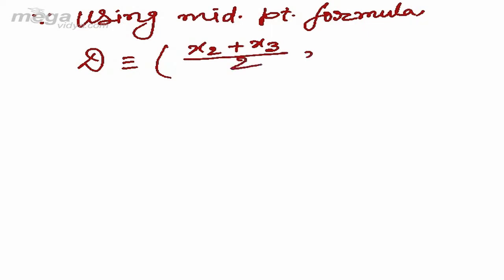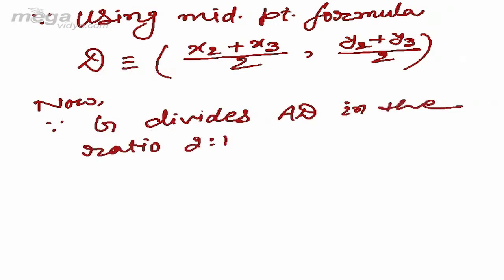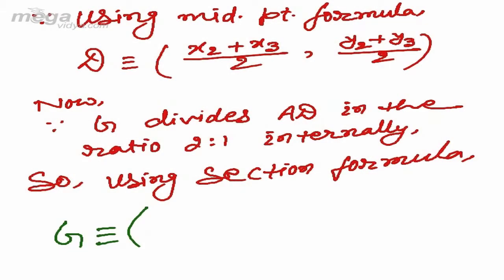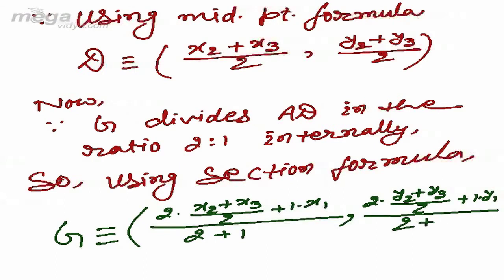Using the midpoint formula, the coordinate of D will be ((x2 + x3)/2, (y2 + y3)/2). Now since G divides AD in the ratio 2:1 internally, using the section formula, what do you get? The coordinate of G is (2 times (x2 + x3)/2 plus 1 times x1) divided by (2 + 1), comma, (2 times (y2 + y3)/2 plus 1 times y1) divided by (2 + 1).